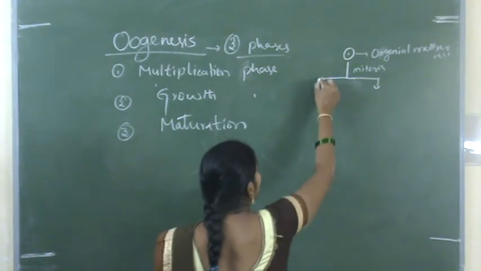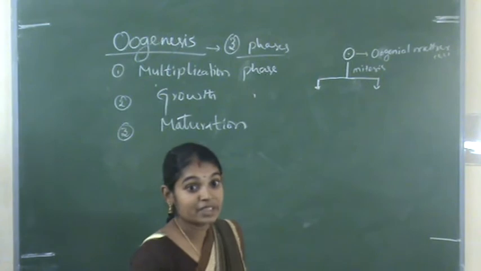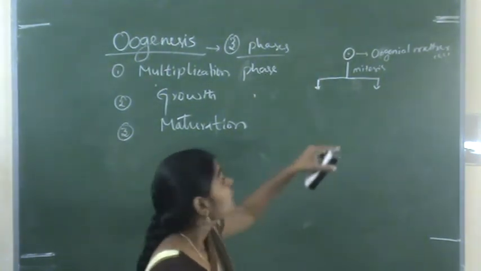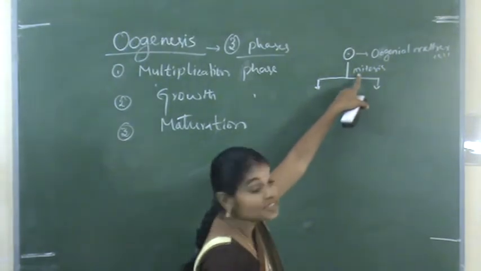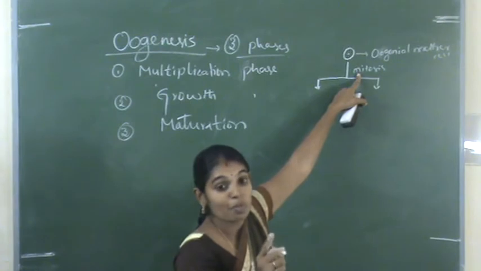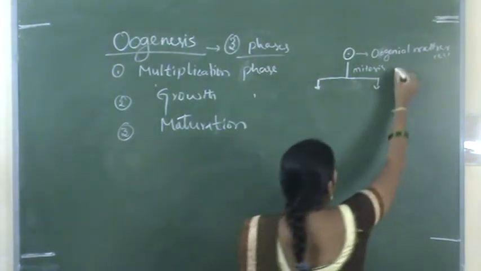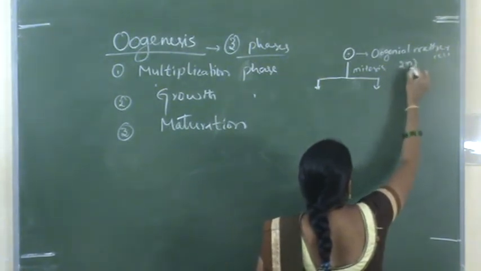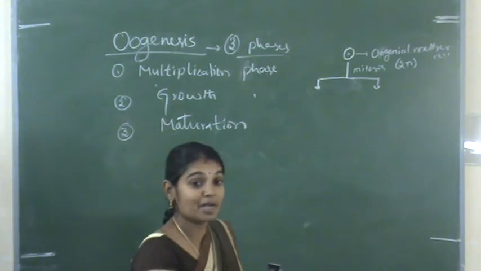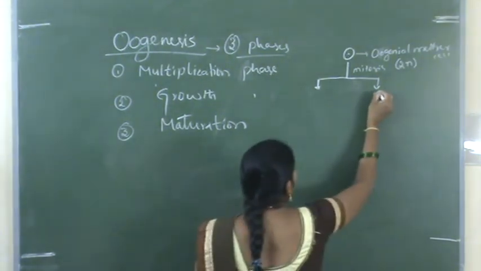This mitotic cell division takes place. First we will take the nucleus, because during this mitotic cell division, no chromosomal number changes. So whatever number is present in this, the same number of chromosomes is present in this oogonia also.